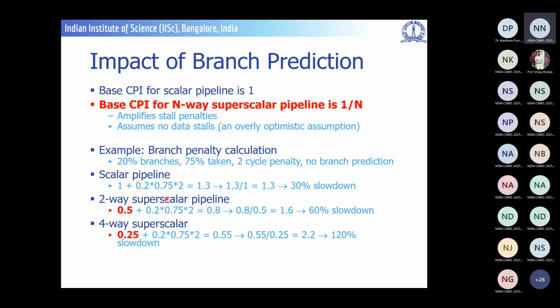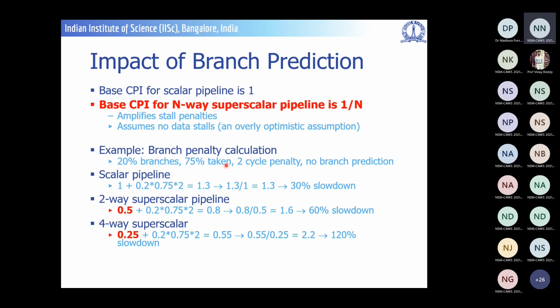Now let's see why we say that the effect on superscalar performance is more for branch prediction. Let's assume that 20% of the instructions are branches, and 75% of them are taken branches, which is where you have to jump.